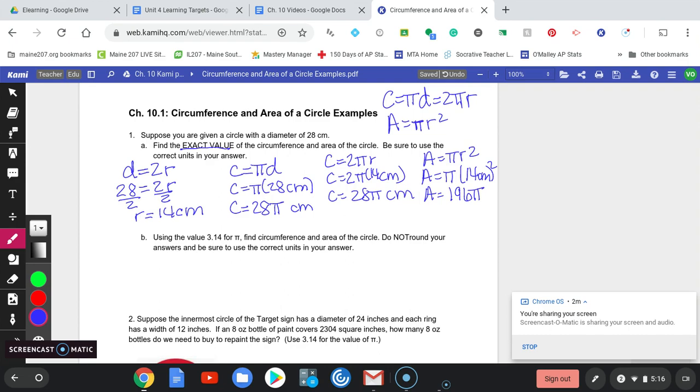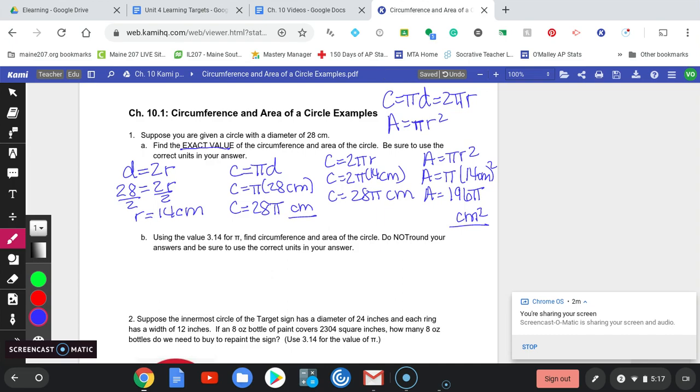The pi doesn't get squared, but the centimeters also get squared, in addition to the 14. So area units are in square centimeters. Circumference is in linear units, because the circumference is just the perimeter of a circle. If you think about putting a piece of string around the edge of a circle and then straightening it out and measuring that along a ruler, that's what the circumference would be. And those are linear units.